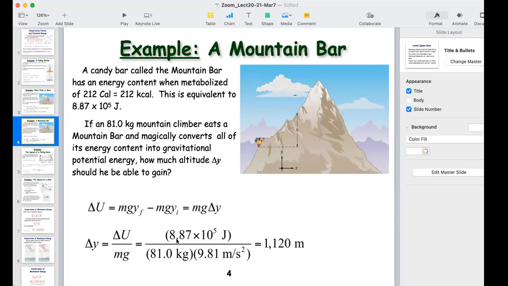So the energy of the mountain bar divided by 81 kilograms divided by g gives you 1,120 meters. So you see how just a little bit of food, because I would consider a mountain bar very healthy and not that much food, makes you climb more than 1 kilometer. So, okay, this was another example.